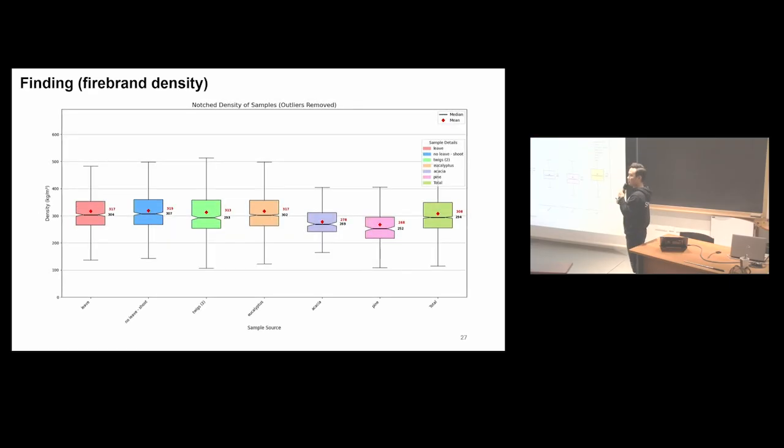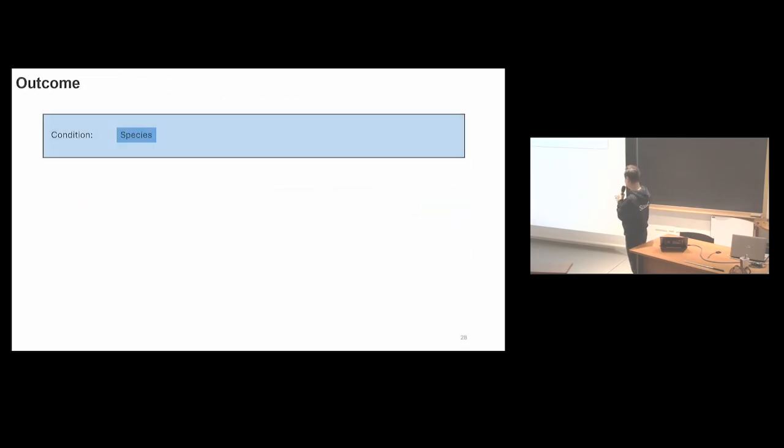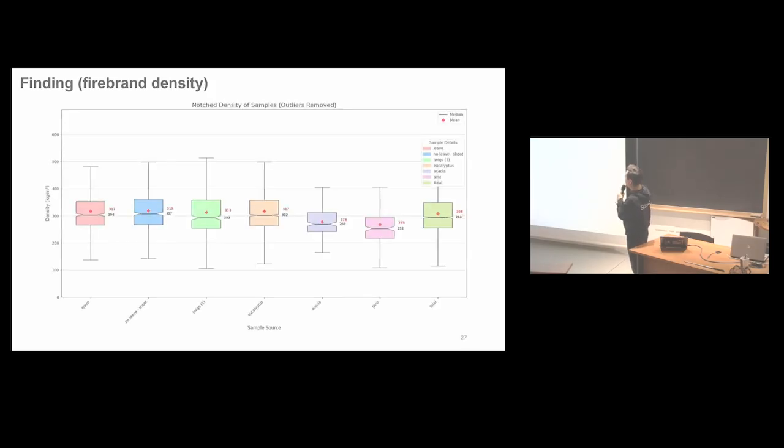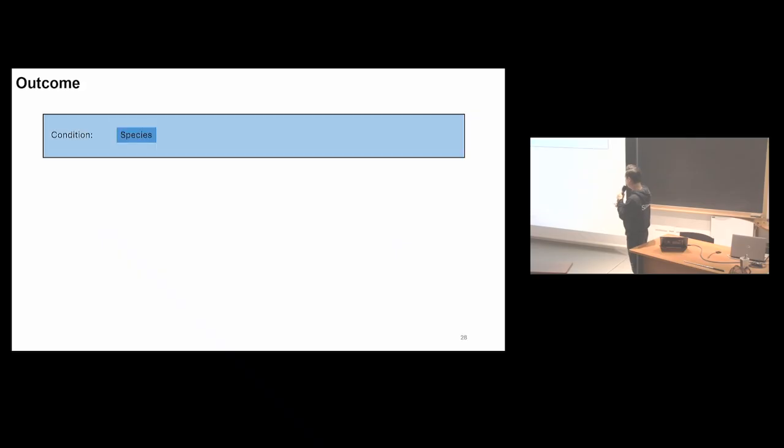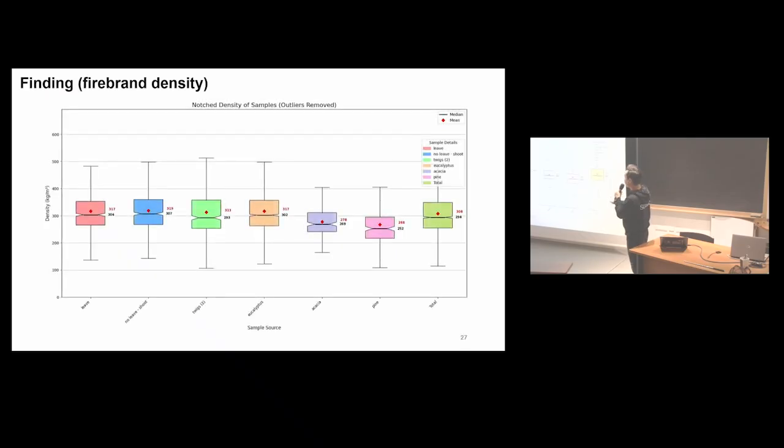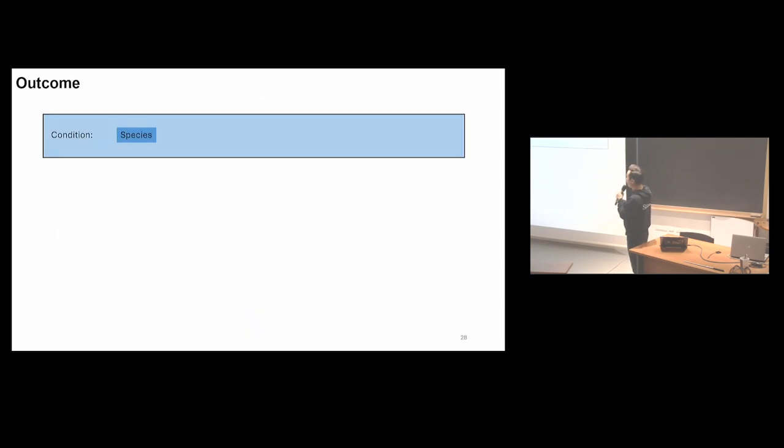So fire intensity doesn't make any difference in terms of firebrand production. Last one, last slide. We are also able to calculate the firebrand density. Eucalyptus is the same.